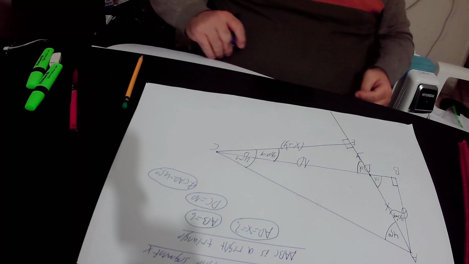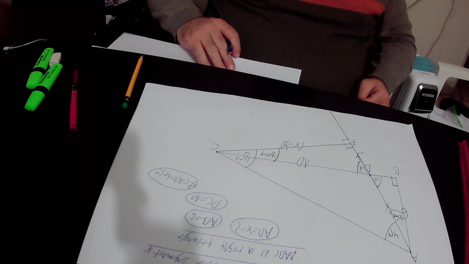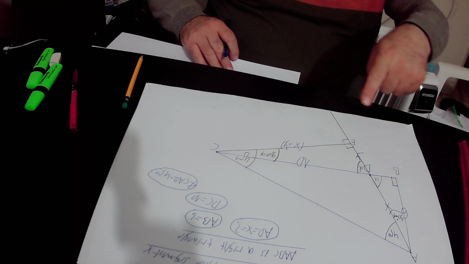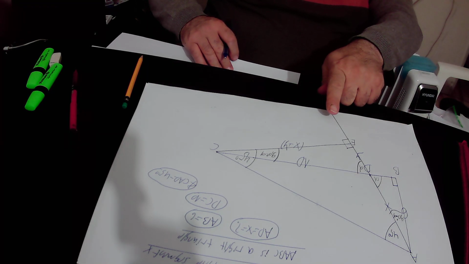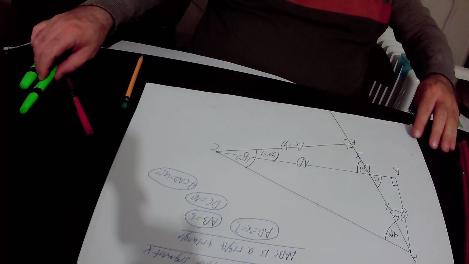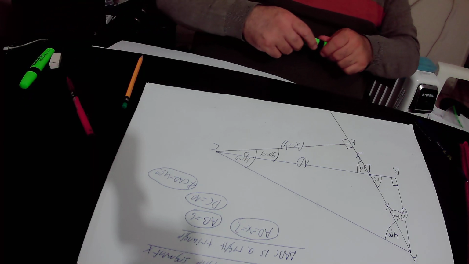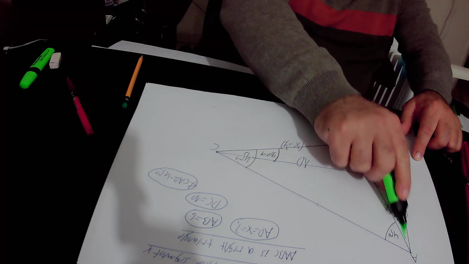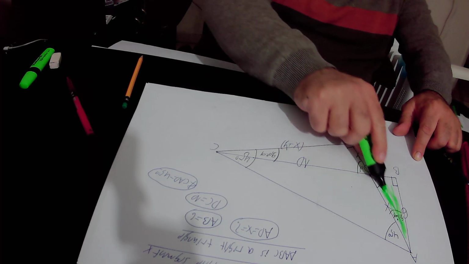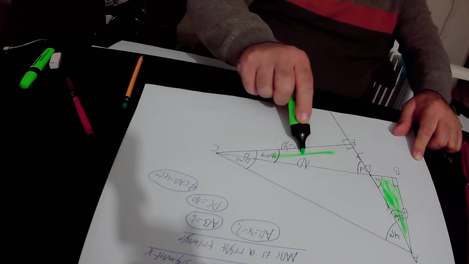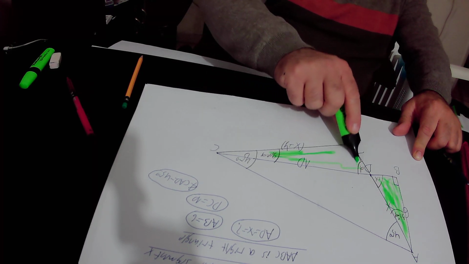So actually, if you focus on the right triangles, triangle ABD and the right triangle, triangle EDC, those two right triangles are similar to each other. The green right triangles are similar to each other. Why?